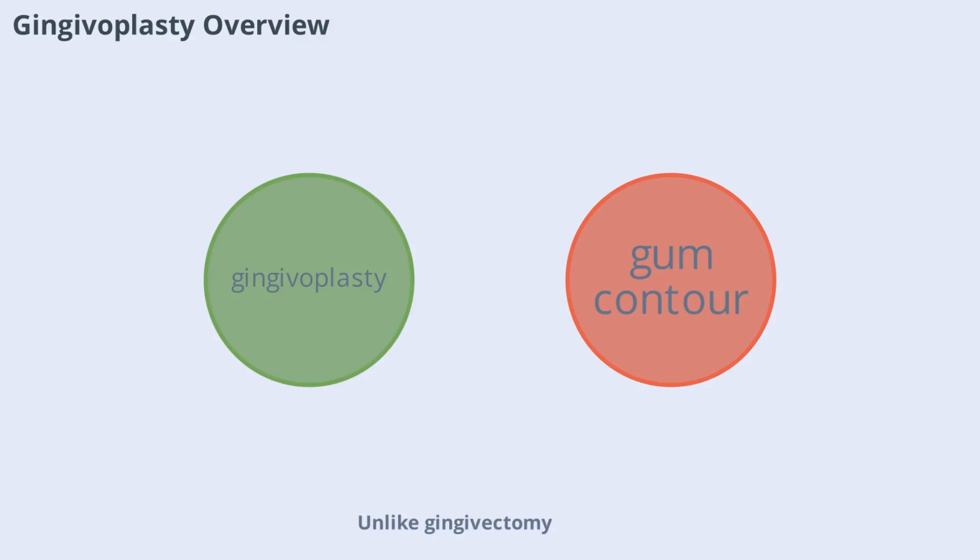Unlike gingivectomy, gingivoplasty does not aim to eliminate pockets, but rather to reshape the gums that have lost their natural contour. This technique is often used to correct irregularities, improve aesthetics, and create a more functional and healthy gum line. Gingivoplasty can be performed using various instruments, including periodontal knives, scalpels, diamond stones, or electrodes, depending on the clinical situation.